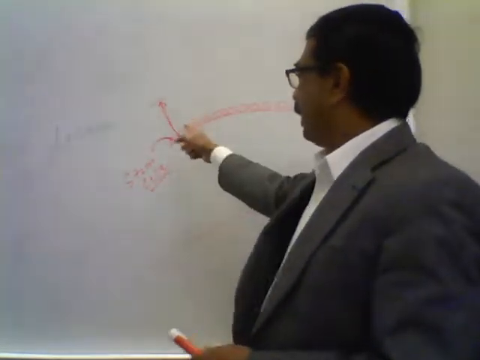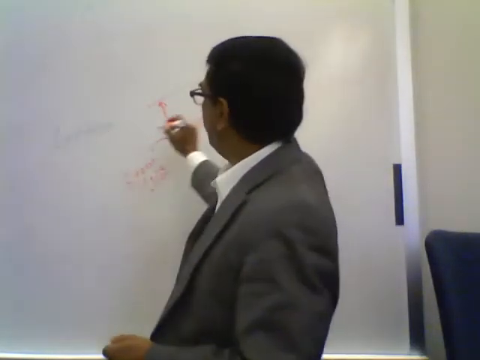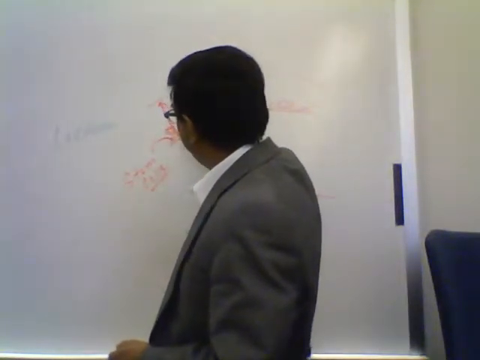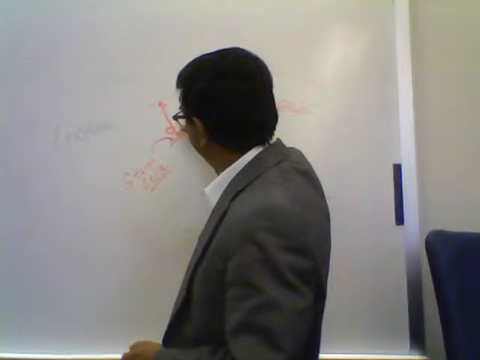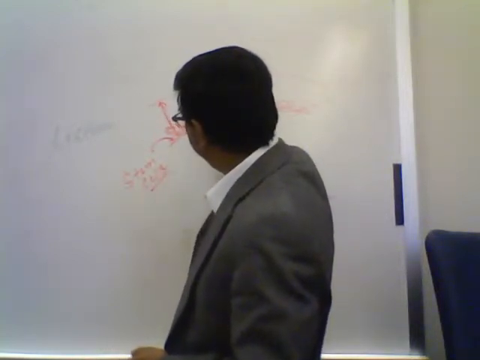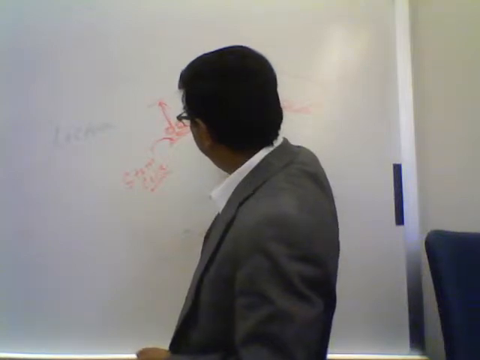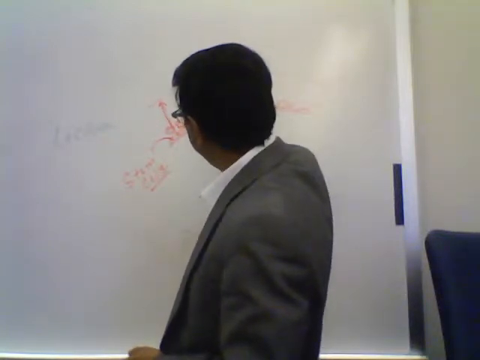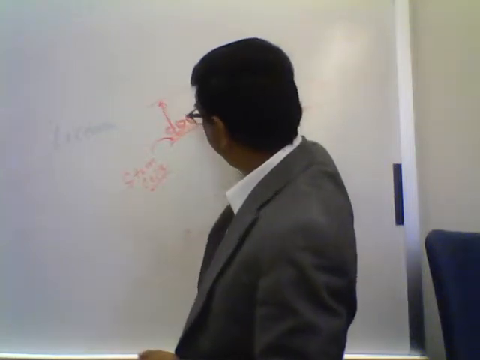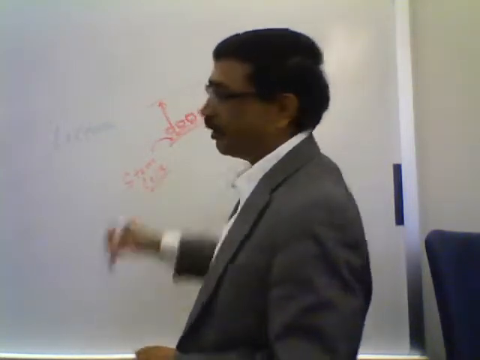The next layer is the stratum spinosum. Now, if you see the stratum spinosum, you will see the cells have spines or spikes in the membrane. So that's why this layer is called spinosum. The outer surface of the cell has spikes.